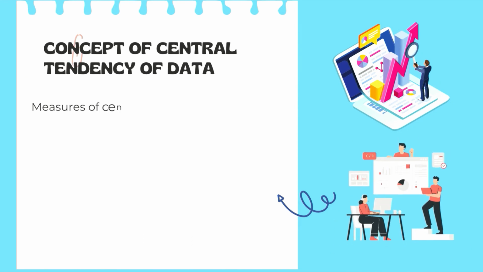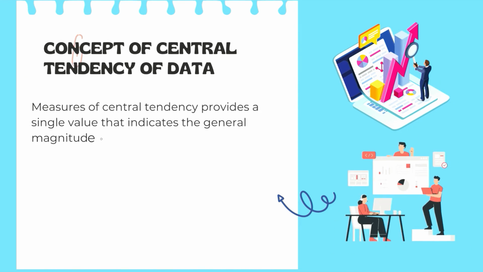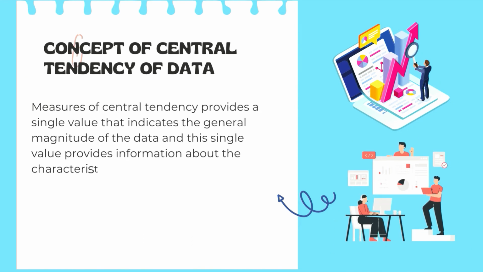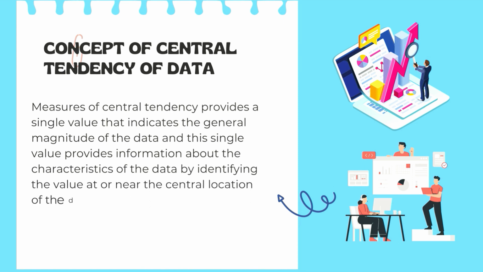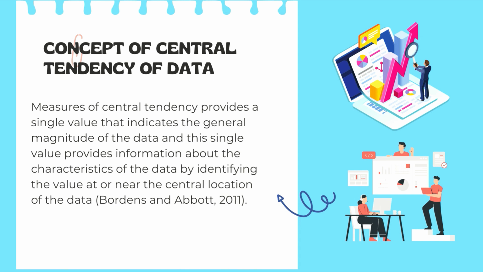So let me go into more detail about the concept of central tendency of the data. A measure of central tendency provides a single value that indicates the general magnitude of the data, and this single value provides information about the characteristics of the data by identifying the value at or near the central location of the data.